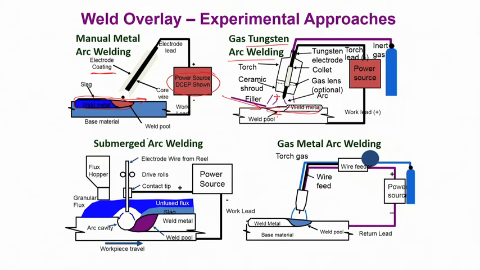Now, in all these cases, the welding is usually done in air, so obviously there is a chance of direct oxidation because you are dealing with very high temperature. You can also have a situation where the entire arc is submerged.